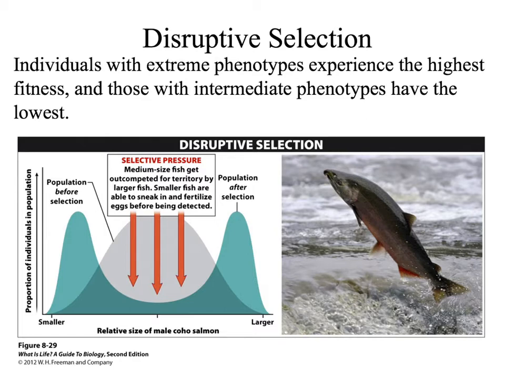Males that are very small are sneaky reproducers. They sneak into a nest and fertilize the eggs before the female realizes what's going on. So they also get to reproduce very often. So because of these two strategies, we see that smaller fish reproduce often and are fit in our population. Large fish are fit in the population and get to reproduce often. But middle-sized males do not get to reproduce, and therefore there's a decrease in that size of fish.